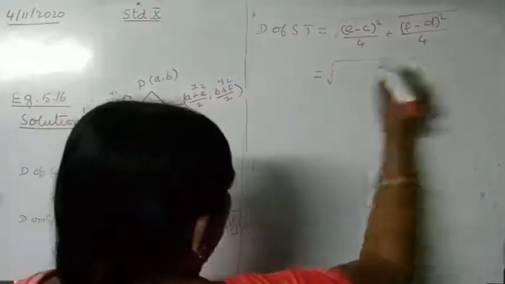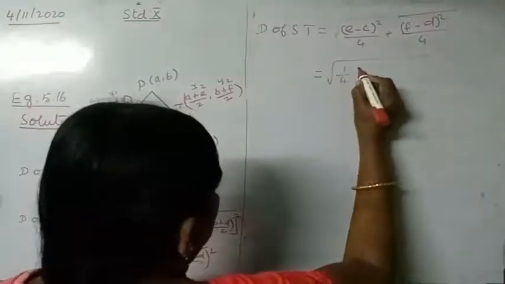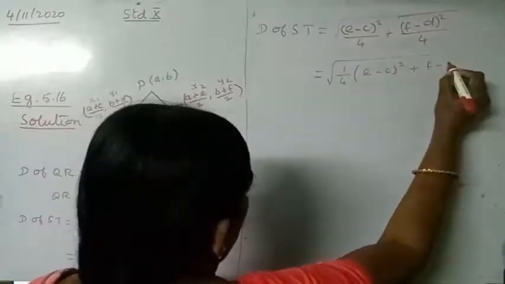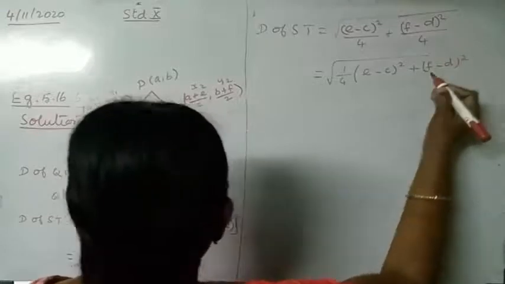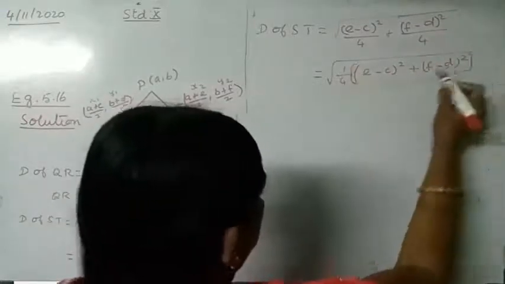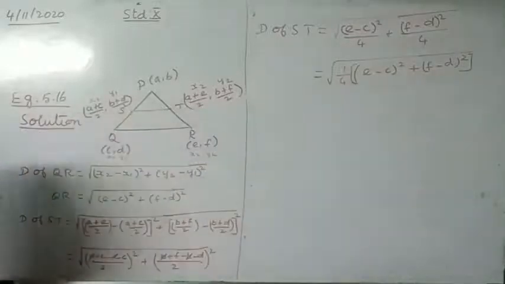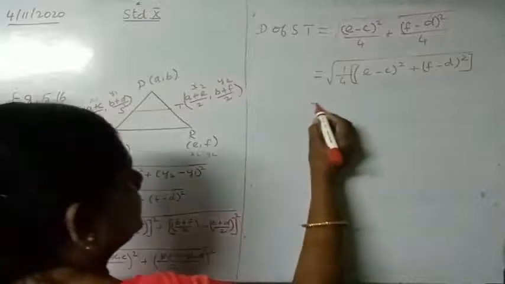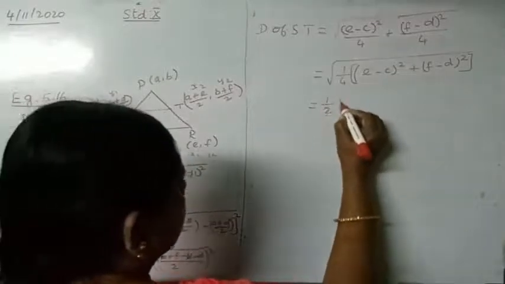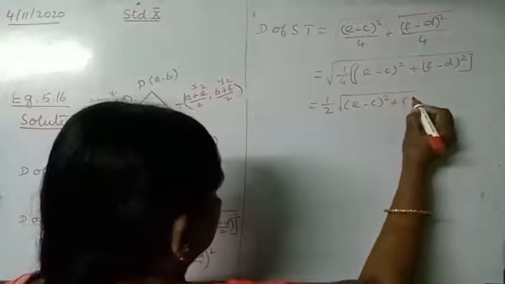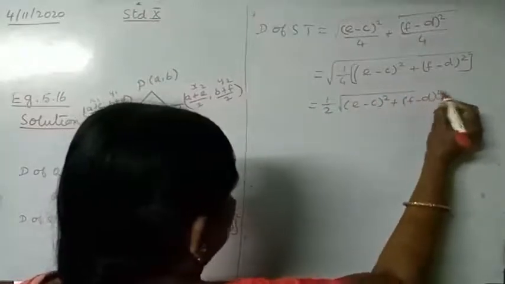So square root of 1 by 4 into e minus c the whole square plus f minus d the whole square. Now take this 1 by 4 out of the square root, when taking it outside it is 1 by 2 into square root of e minus c the whole square plus f minus d the whole square.